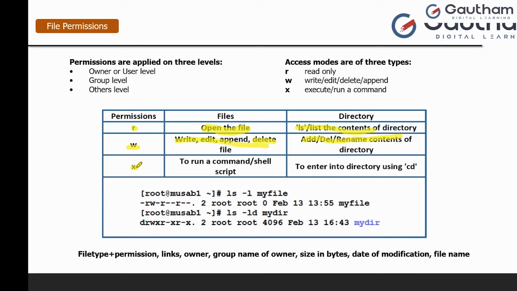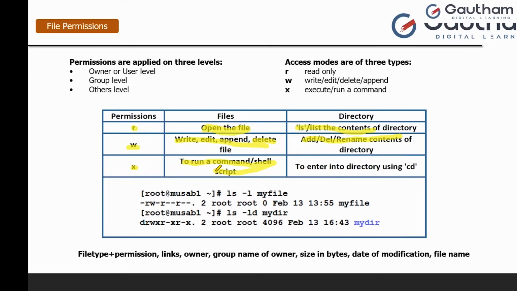Lastly, we have execute permission. This allows people to run a command or shell script. See guys, execute permission on a file is not generally required. It is required if the file is a special executable file, which is called a script. So if your file is a script, in that case we require execute permission.